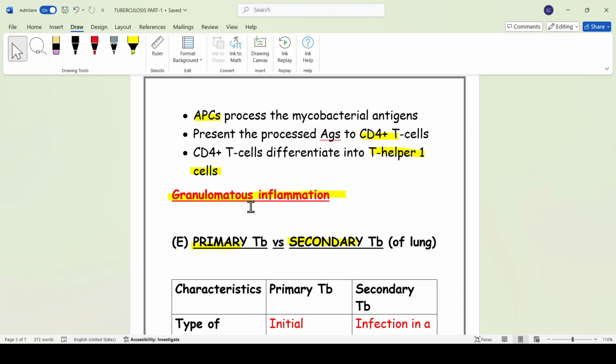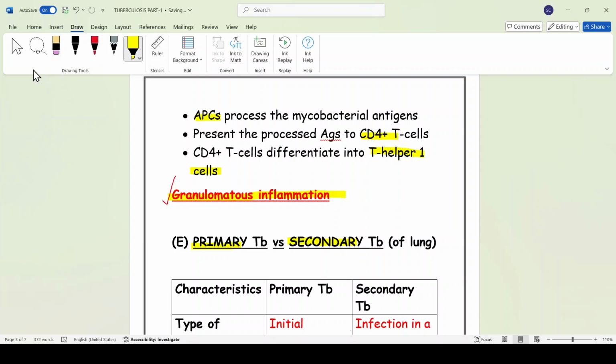When CD4 T cells see these processed antigens, at that very moment they differentiate into T helper cells, and ultimately there will be formation of granuloma.